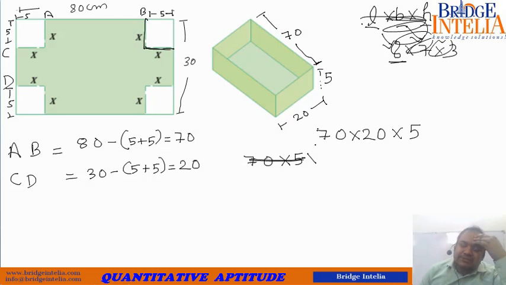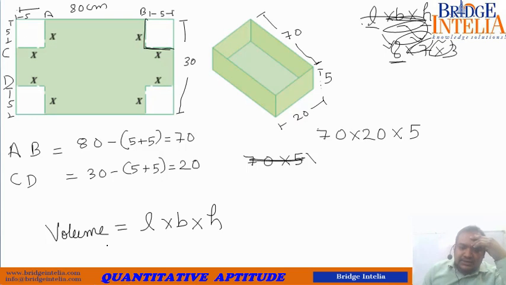So what will be its volume? Volume is the product of length, breadth, and height. So we have been asked to find the volume. So volume is equal to length into breadth into height. So in the case of this particular box, it comes out to be 70 into 20 into 5. So 20 into 5 is 100, 100 into 70.